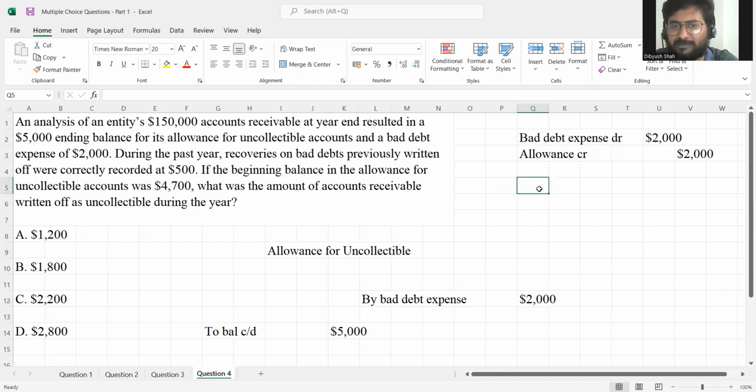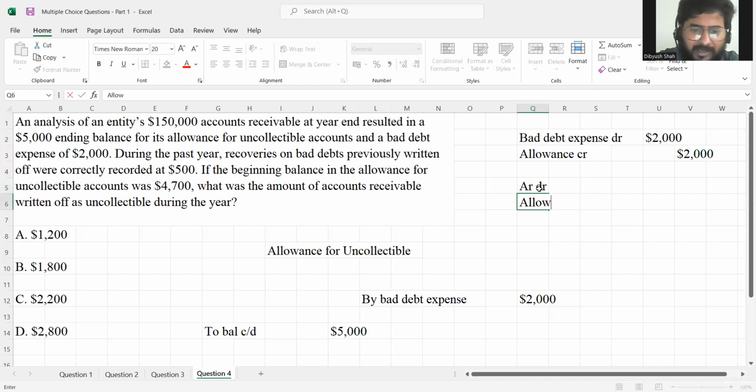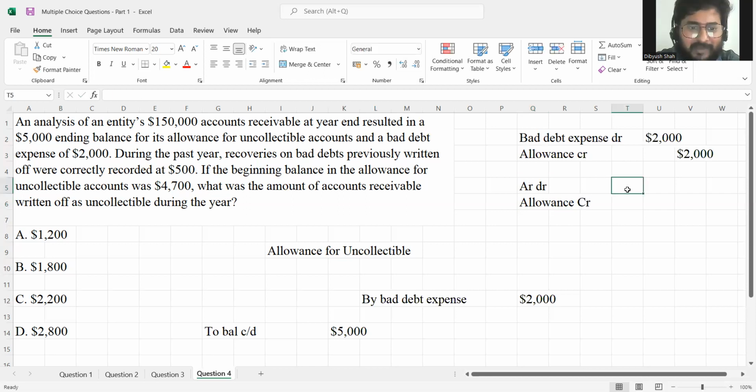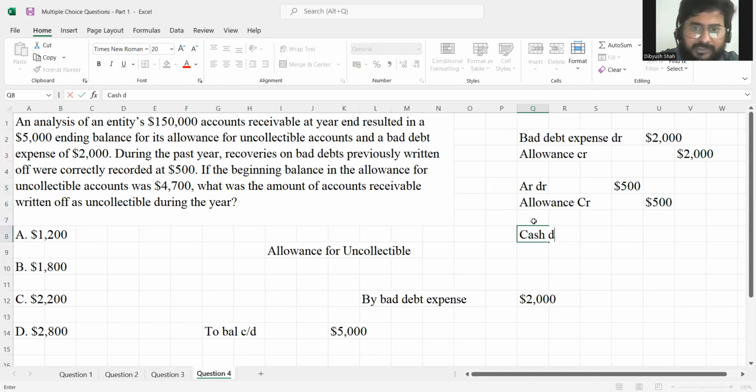See, it will not make a difference if you write a net entry, but the correct entry is AR debit, allowance credit. First, this would have happened, $500, and then cash would have been received. So cash debit, AR credit.